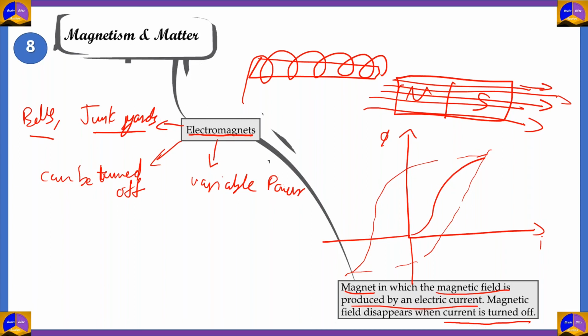Materials with high hysteresis graph are used as permanent magnets, and materials with low hysteresis graph are used as electromagnets, because electromagnets are usually powered on AC current, so they have to turn very fast. They have to change their magnetic state very fast. So a material with low hysteresis is preferable. For a permanent magnet, we need something that can last forever. So therefore, ferromagnetic materials like iron and cobalt are used because they have a high hysteresis graph.